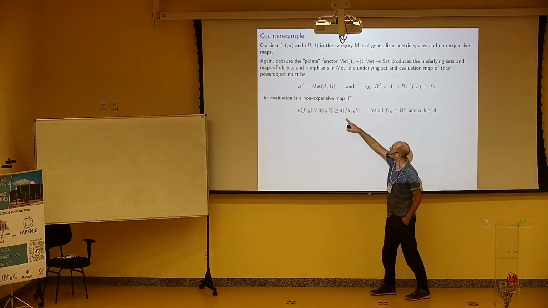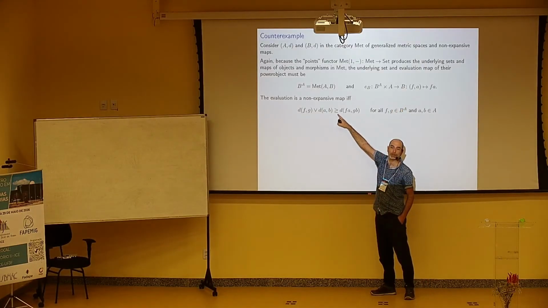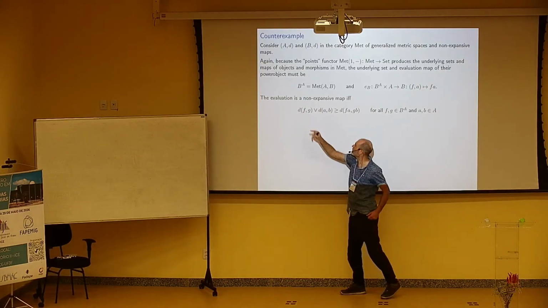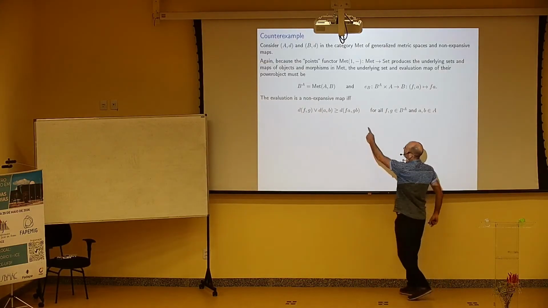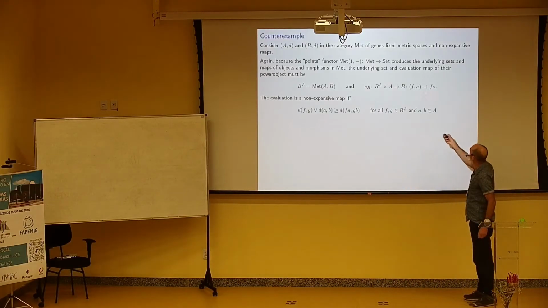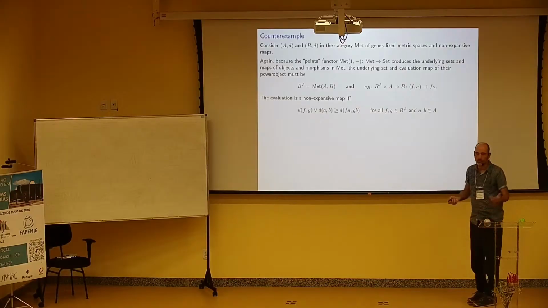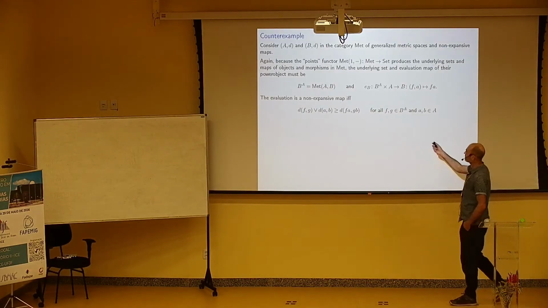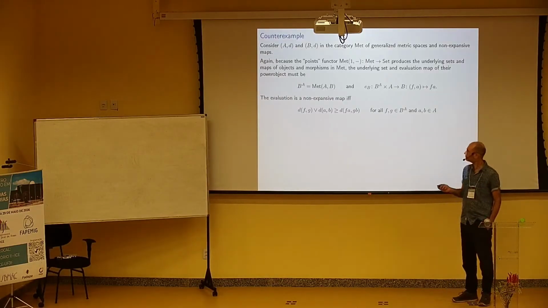I told you it's distance decreasing map, so this explains the bigger than. So this distance that I have to invent between F and G should respect this inequality. Just expressing that the evaluation morphism is in my category, is distance decreasing, and it has to be universally so.